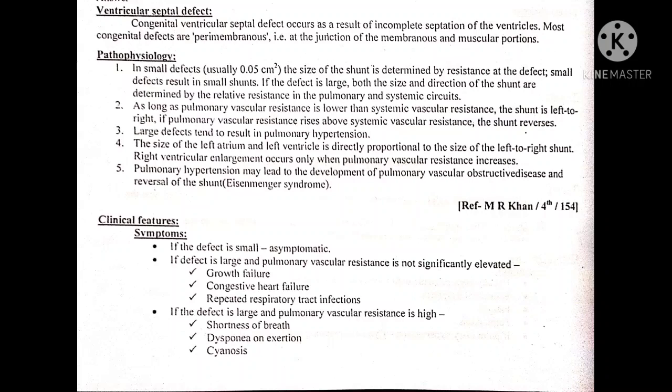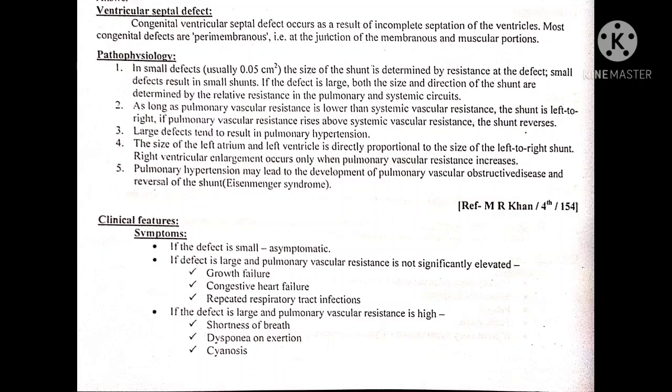Clinical features. The symptoms of ventricular septal defects are: if the defect is small, it is usually asymptomatic. If the defect is large and pulmonary vascular resistance is not significantly elevated, then growth failure, congestive cardiac failure, and repeated respiratory tract infections may occur.